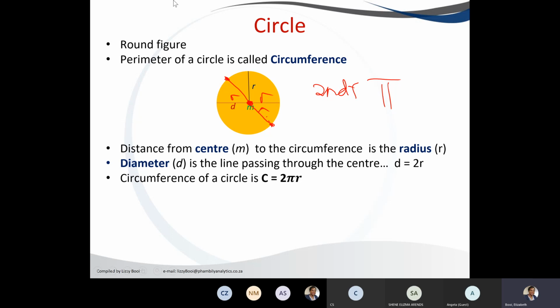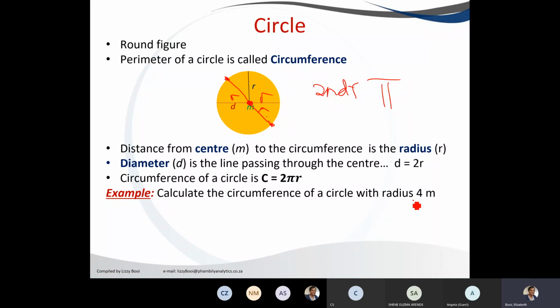So let's look at an example. Calculate the circumference of a circle with a radius of 4 meters. Now, if I look at the question, they have given us the radius. So we can just go on and substitute into the formula.